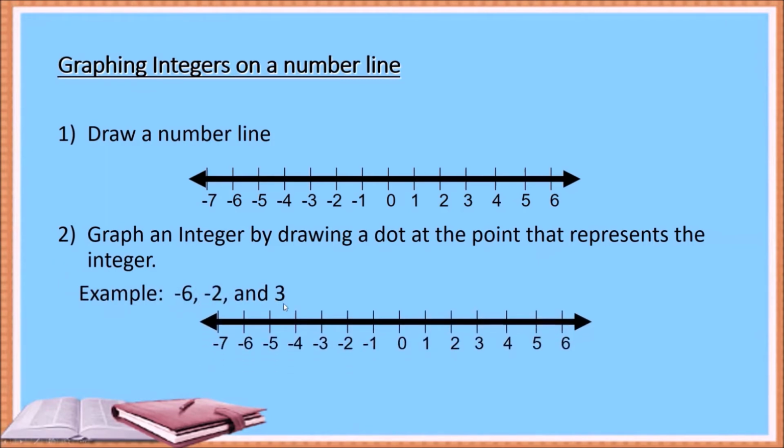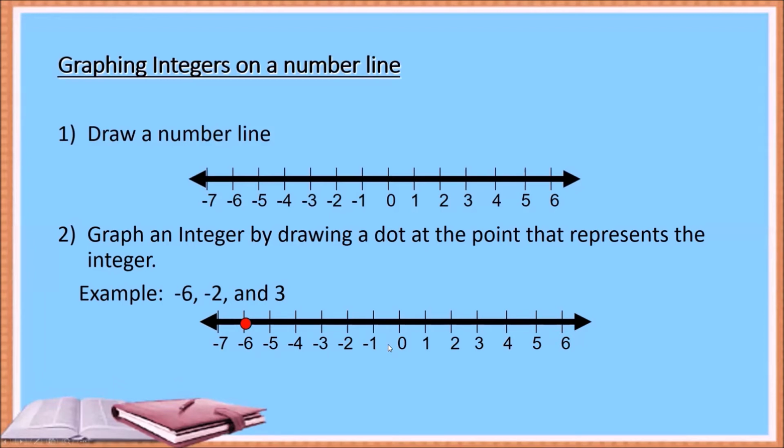So sa ating number line, ang negative 6 ay nasa left side ng 0 or negative direction. So, ang dot ay ating i-draw sa tapat ng negative 6. Ito yung graph ng negative 6. At ang negative 2 ay nasa left side uli siya ng 0.